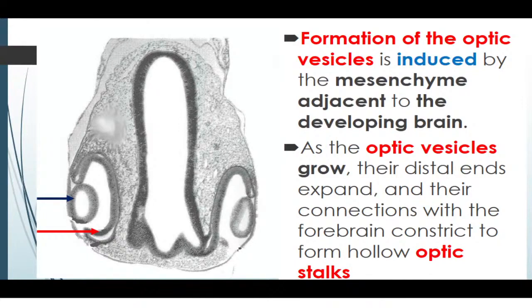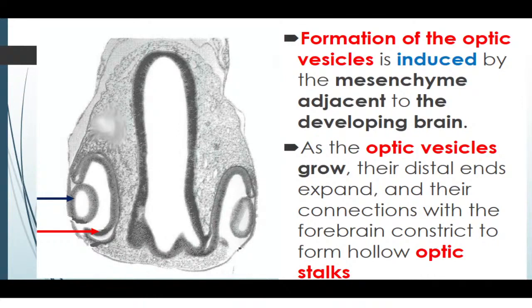It doesn't mean it is absent, but it means the object is not well seen. What does the optic stalk do? The optic stalk joins the optic vesicle and the forebrain, the future diencephalon area.